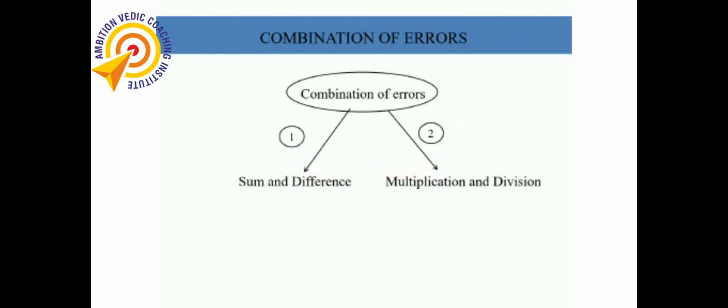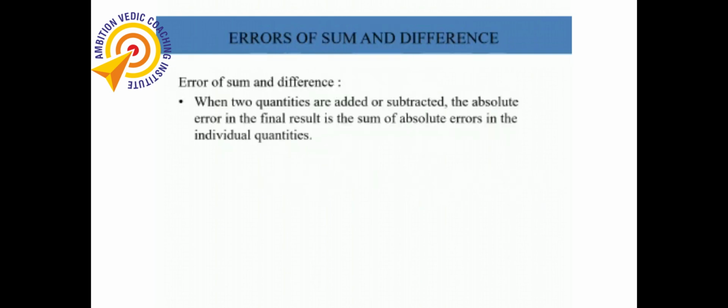So we will see in today's class sum and difference, how the errors propagate or increase or decrease when we add or subtract two different physical quantities together. So let's see the error of sum and difference. What is this error of sum and difference?